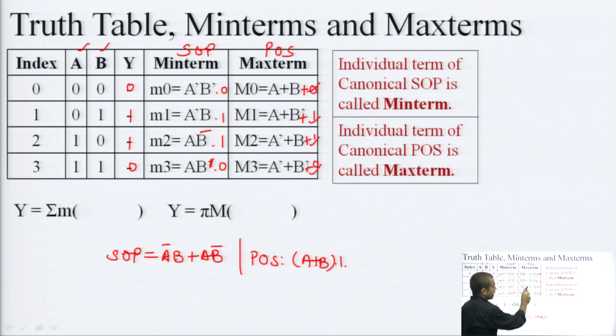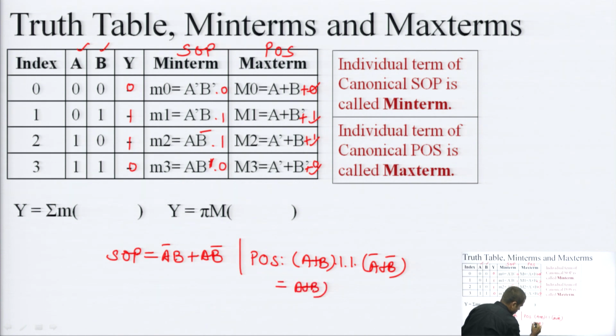Similarly, this third row A bar plus B plus 1, so again it becomes 1, and the last one A bar plus B bar plus 0. Adding a 0 to anything leaves it unaffected, that means it will remain A bar plus B bar. So, ultimately it becomes A plus B into A bar plus B bar.